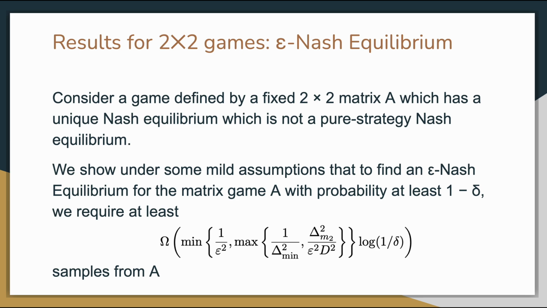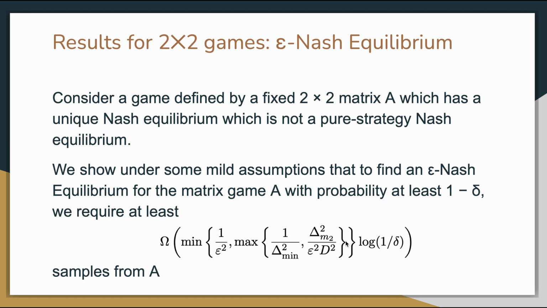In a similar way, we establish a similar lower bound to find epsilon Nash equilibrium for the matrix game, and this is the lower bound that we require. Lower bound on the number of samples one must query in order to find epsilon Nash equilibrium. So similar to epsilon good solution, we have a minimum over 1 by epsilon square and a maximum over this particular term. And as usual, we have this delta min square, and this is a different term, delta m2 square by epsilon square d square.